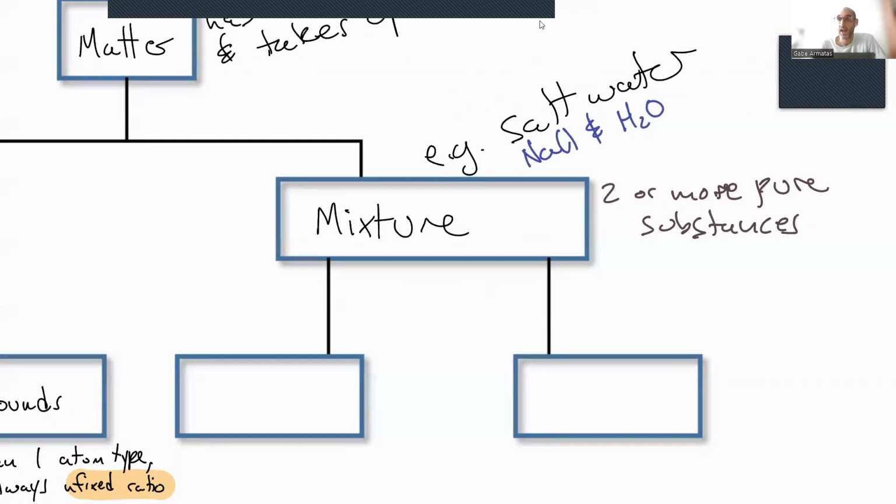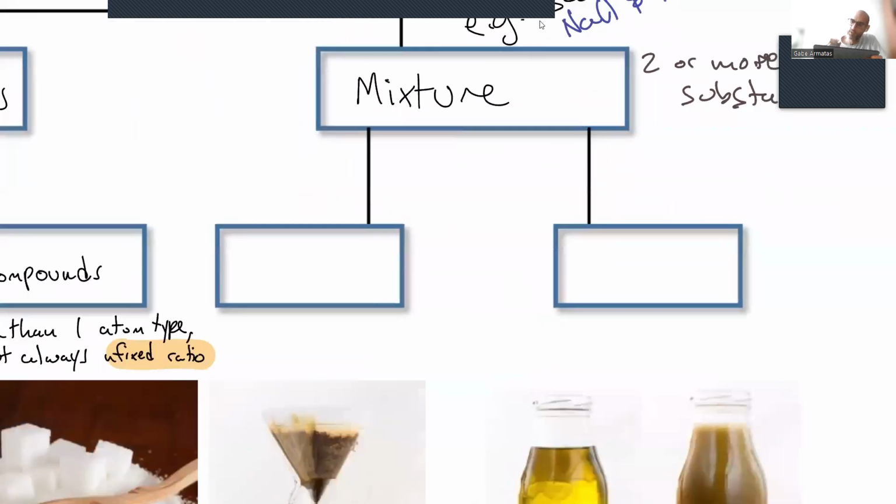We can also have a mixture that contains an element. You can take hydrogen gas and dissolve it, weirdly enough, in air. Nitrogen and hydrogen together are both elements, but if those two things are present together in the same container, that would be considered a mixture. Mixtures come in two different forms.